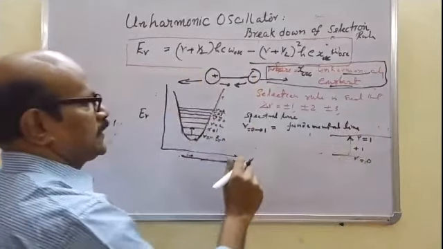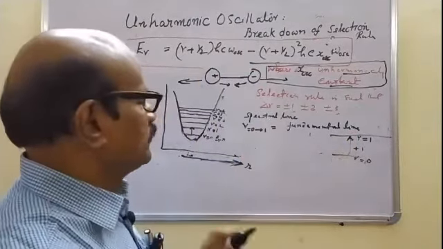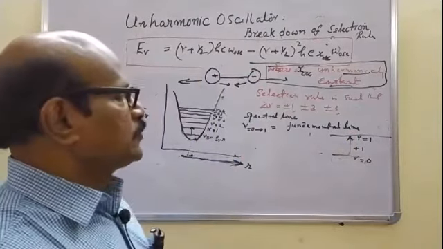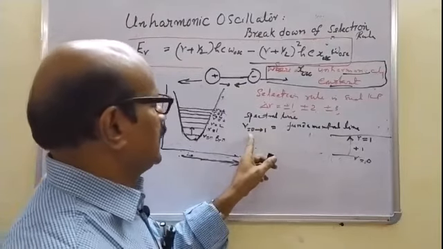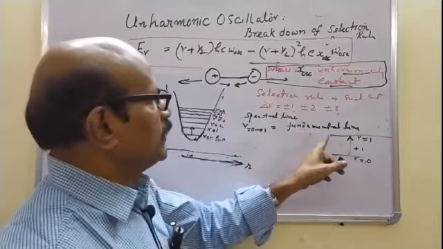So this is the strongest line, of highest intensity. That is a fundamental line. There is one line that is easily strong, that spectral line that arises from nu is equal to 0 to 1, called the fundamental line.